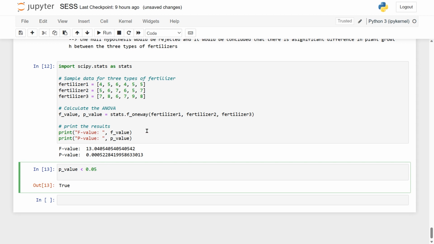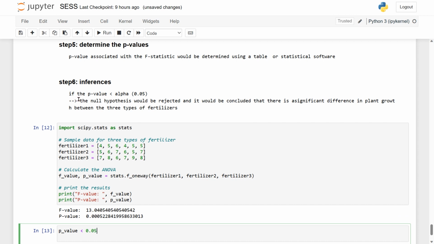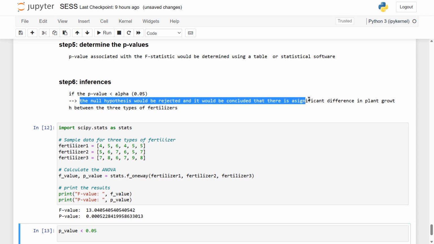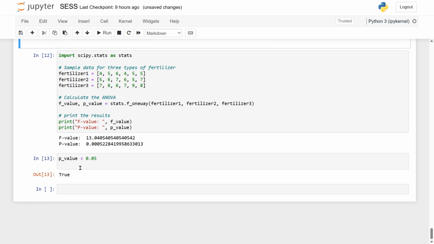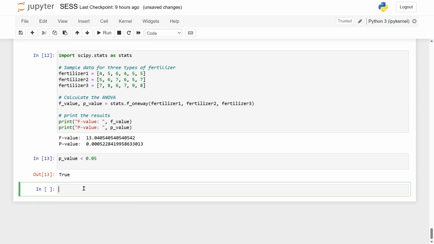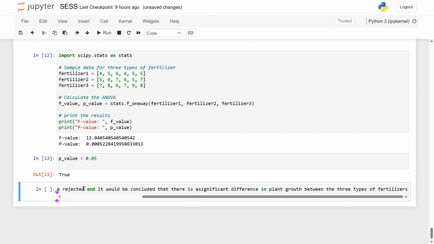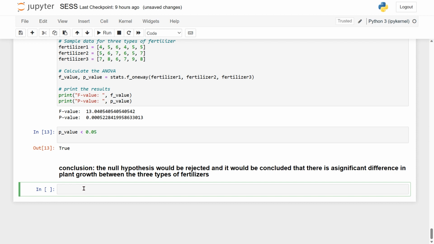Then what does it mean? It's pretty straightforward. The null hypothesis would be rejected, and it would be concluded that there is a significant difference in plant growth between the three types of fertilizers. This is the conclusion of the above statistical analysis.